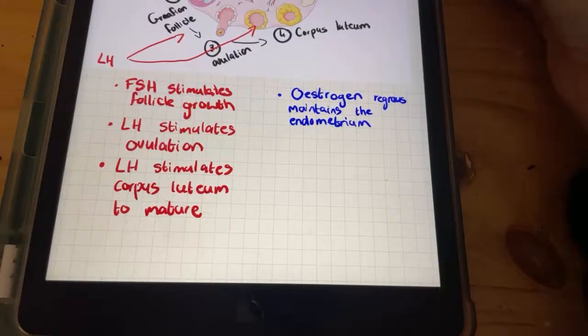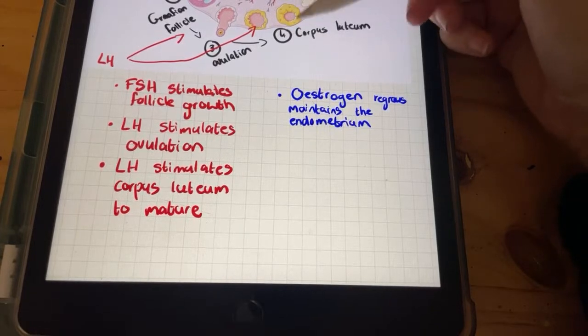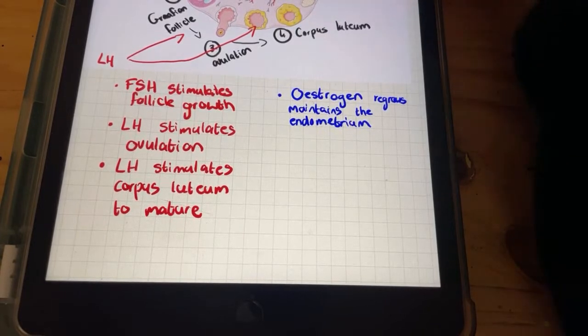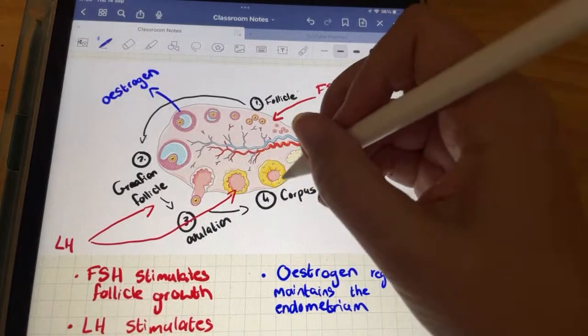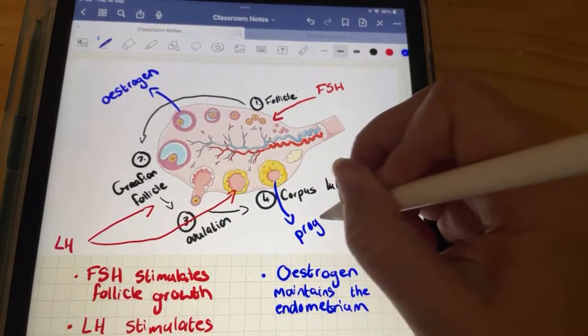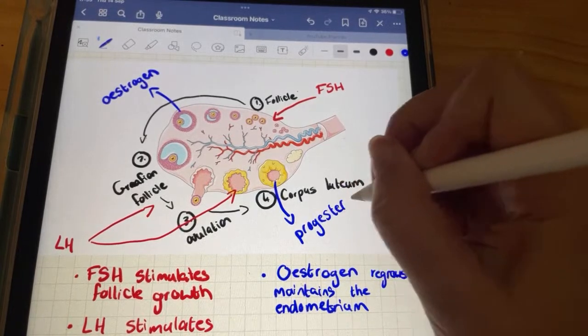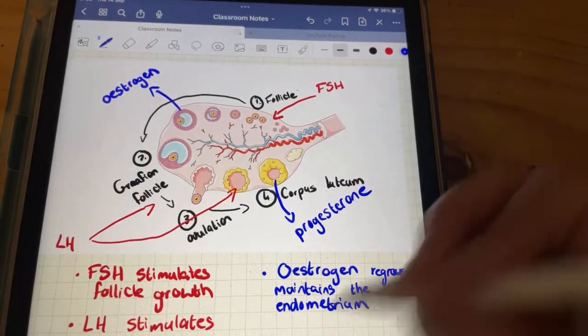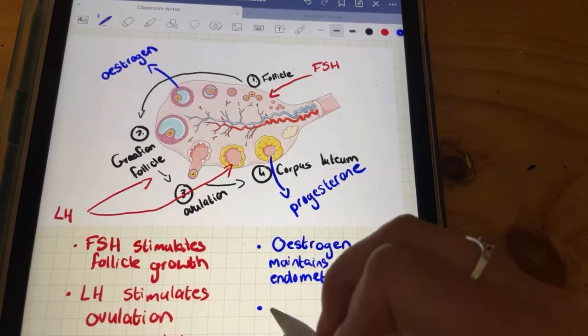Now, the corpus luteum is formed here at stage 4, and it's going to start secreting a hormone called progesterone. Progesterone is, of course, the pregnancy hormone. So make a note here.